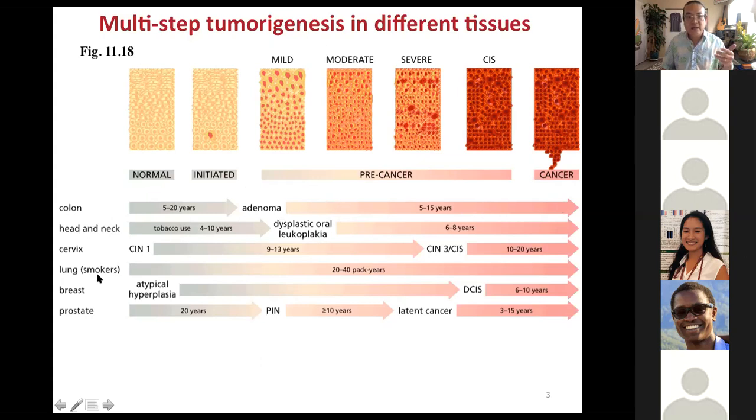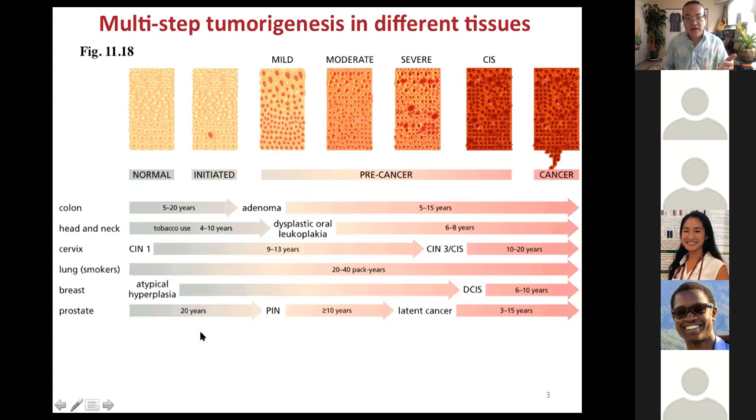Something like lung cancer has a much different etiology or progression, because lung cancer is very much a result of repeated, constant exposure to things like cigarette smoke. So there's a daily load of mutational carcinogenic factors. As a result, it has a much more gradual, uniform progression from initiation to full-blown cancer.